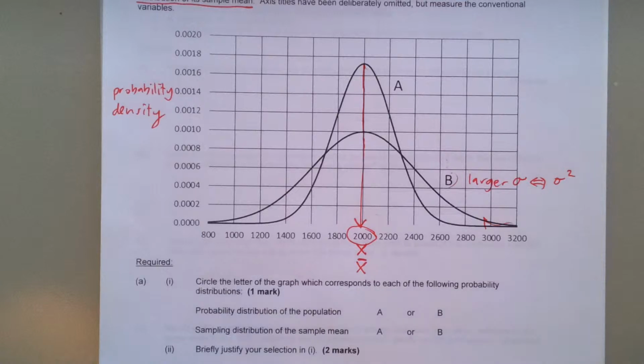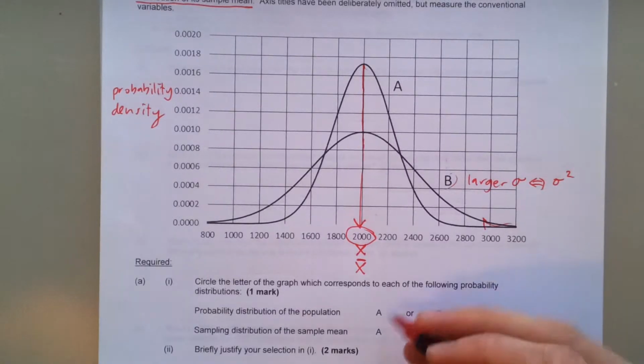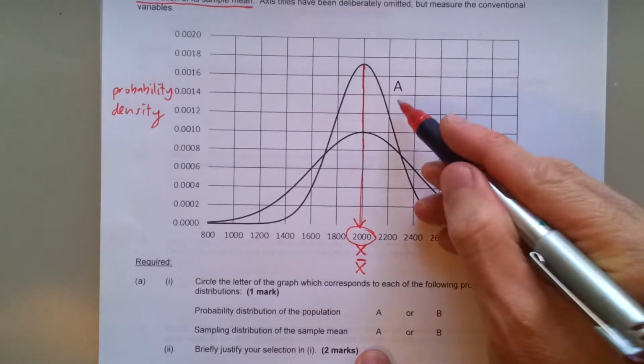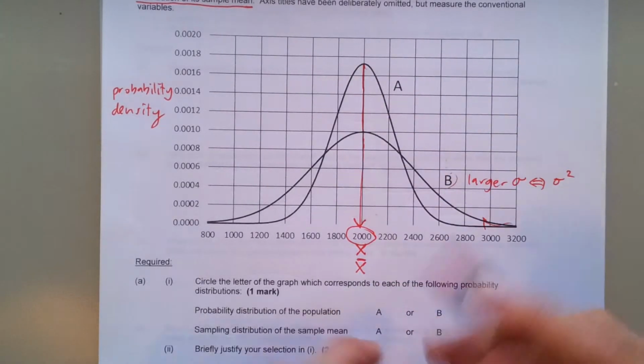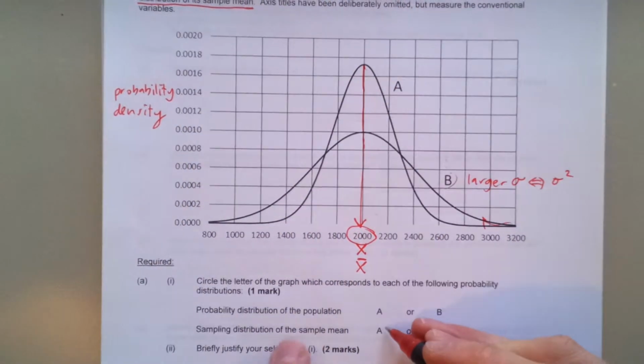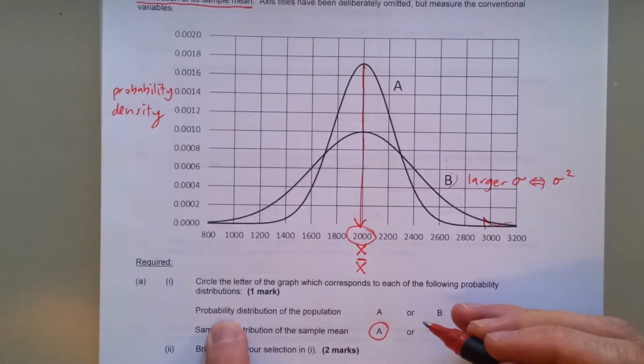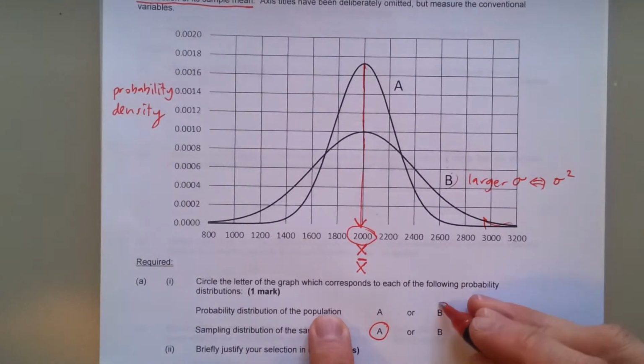So just to answer the question then, which will have the larger dispersion, the sampling distribution of the mean or the population values? And the answer is that the sampling distribution has the smaller variance. So that would mean A has the smaller dispersion, it's more concentrated around its mean, so the sampling distribution will be A and the population distribution will be B.